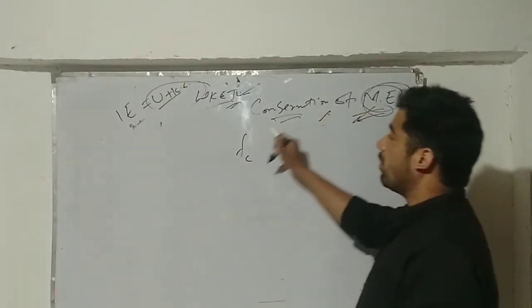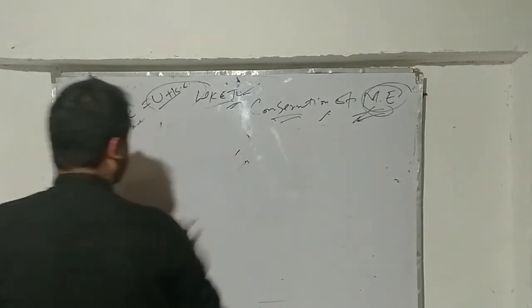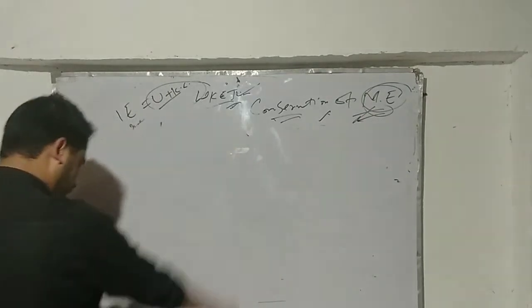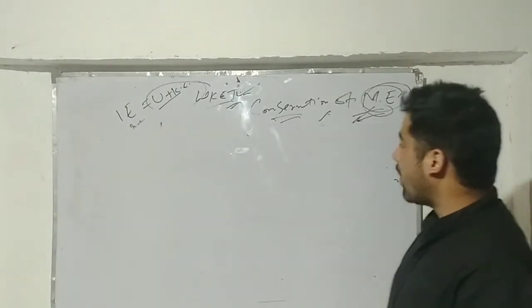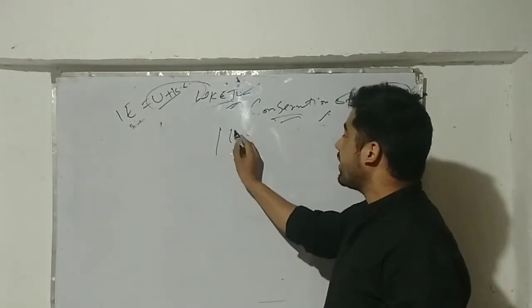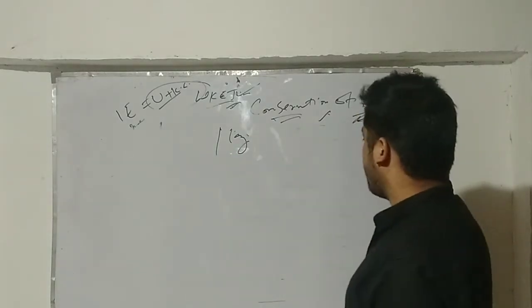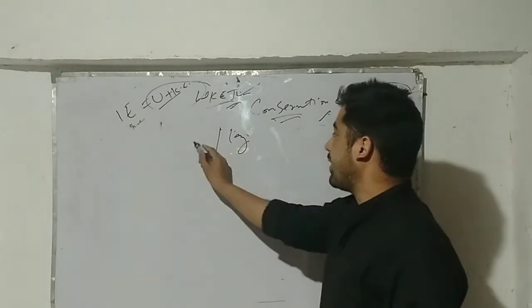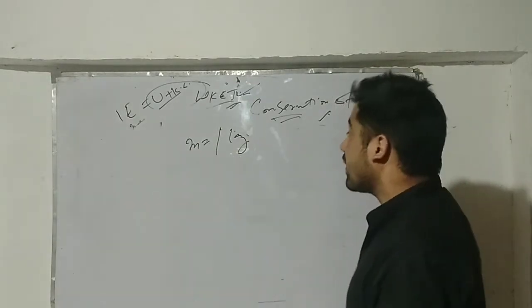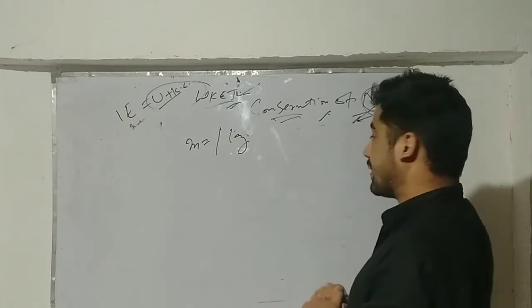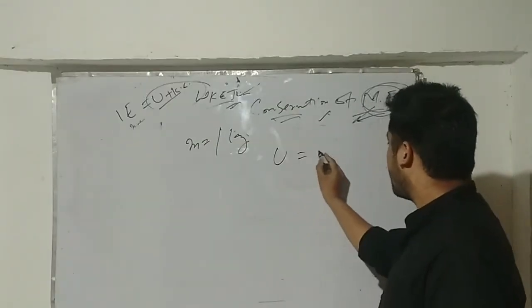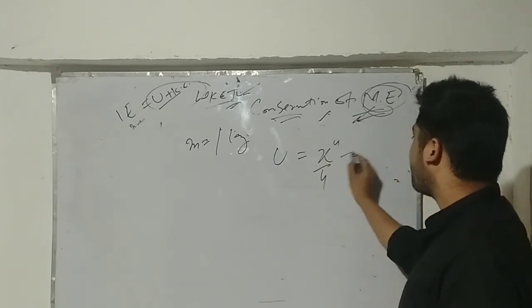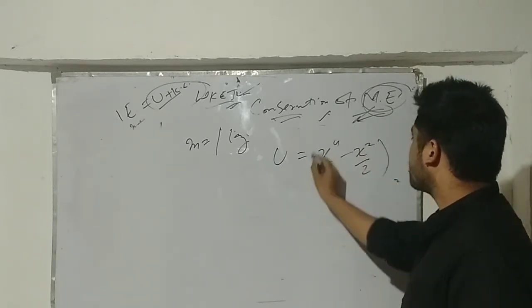Let me do a simple problem on the mechanical energy of a particle. Suppose we have a particle whose mass is 1 kg, and it moves freely under a one-dimensional potential energy, where the form of the potential energy is given as x^4/4 minus x^2/2 joules, okay?